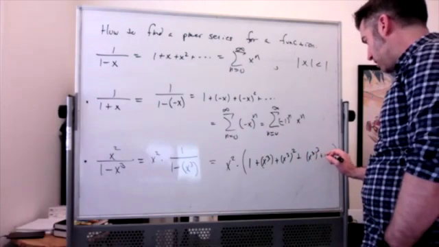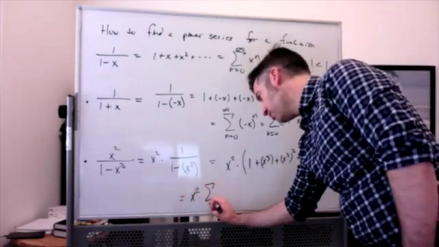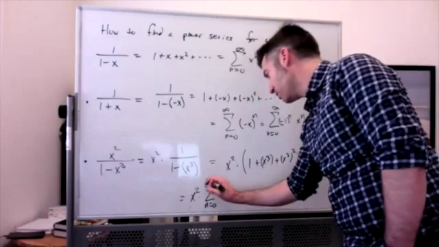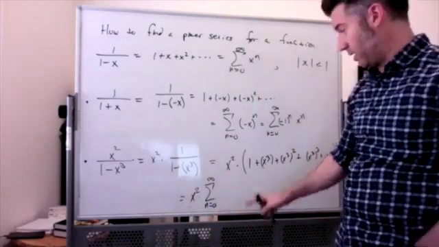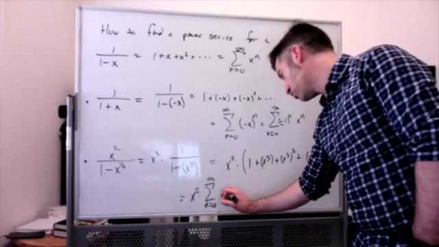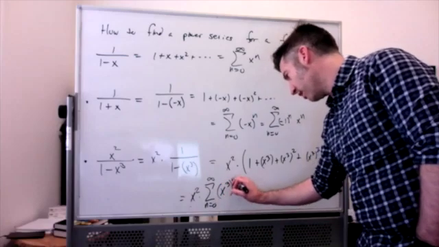I don't think you really need to write this step. We can write this as x squared times the sum from n equals 0 to infinity. Notice that most of these are starting at 0, so I can get the 1 as my first term here, of x cubed to the nth power.